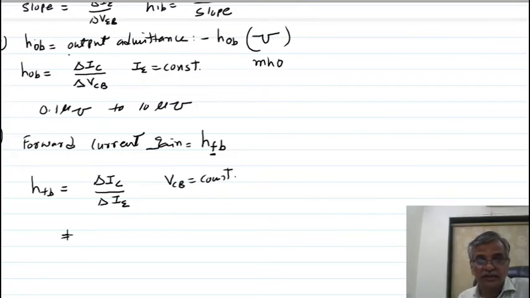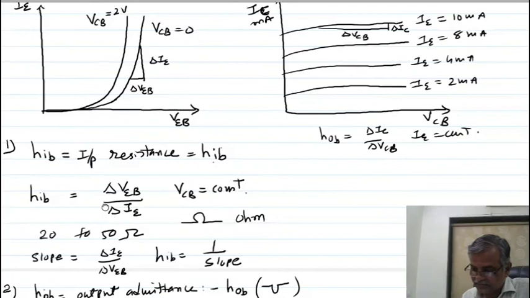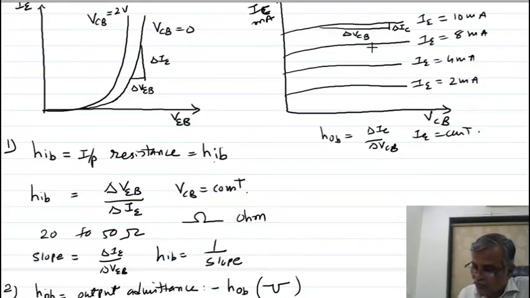This is obtained from the output characteristics. See, I am getting it from this. What is the change in this? This is the change in emitter current from this to this. If I say IE1 and IE2, then delta IE is nothing but IE2 minus IE1, and for the corresponding delta IC, I am drawing the normal from here to here.